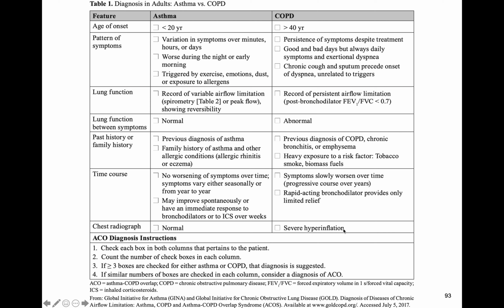And in COPD, you'll see severe hyperinflation with the use of accessory muscles and chest barreling. In most recent years, there's what they call asthma COPD overlap, or ACO, where you can have features of both components. If you have 3 or more boxes checked for either category, then you might be dealing with a mixed type of asthma COPD overlap.